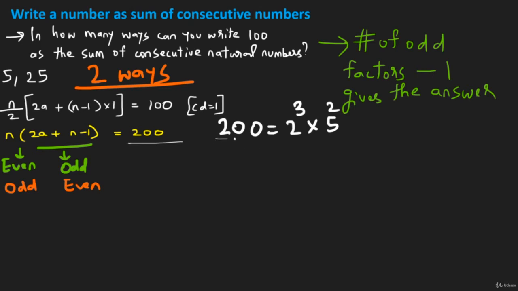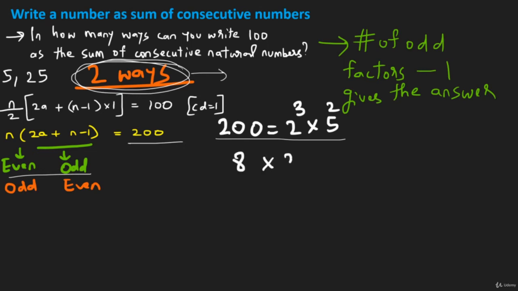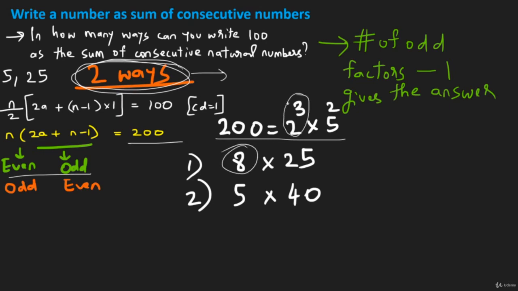Now there are two ways in which you can write this as even into odd. You don't need to think of it, but if you want you can find out, but definitely it will be just two ways. So I can write it as 8 into 25 or 5 into 40, right? 8 into 25: I take all the 2's together and I take the 5's together.